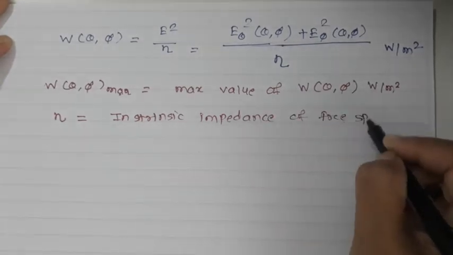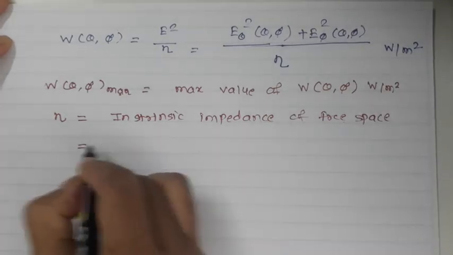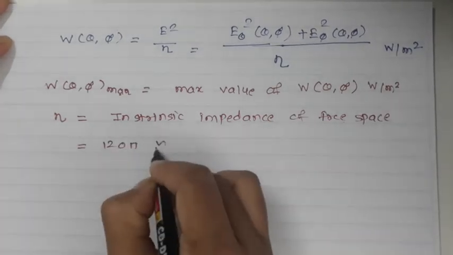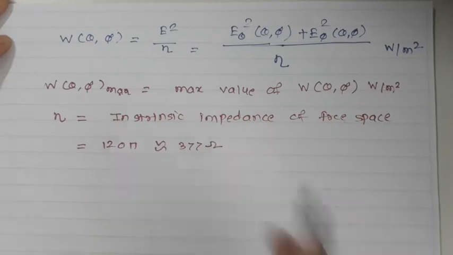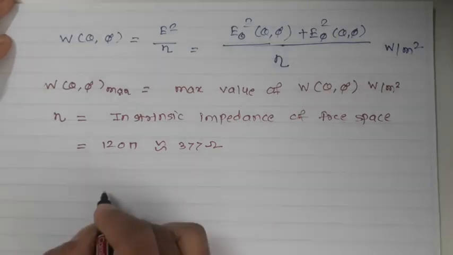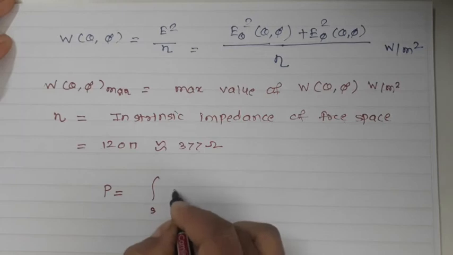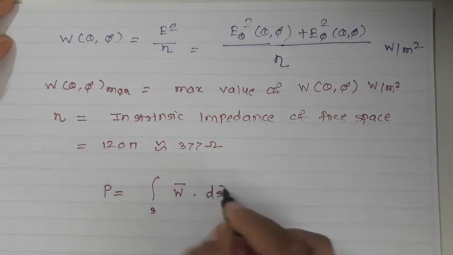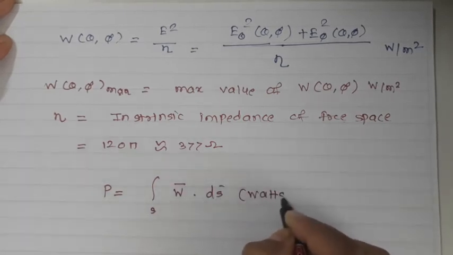We have already calculated this intrinsic impedance, which is nothing but 120 pi, otherwise 377 ohm. Throughout the subject the letter W represents the power density in watts per meter square, and the letter P is for the power in watts. The relationship between power and W is P equal to the integral of W dS, in watts. You need to remember this particular thing.